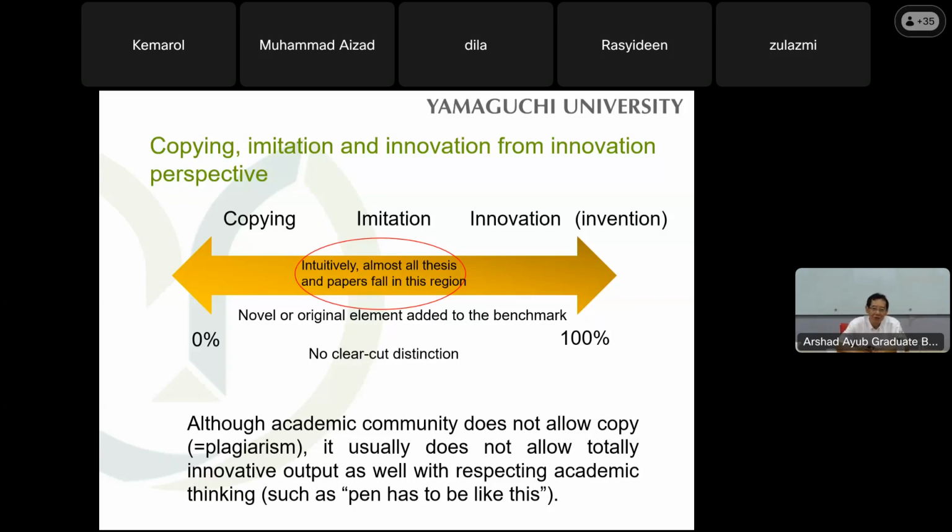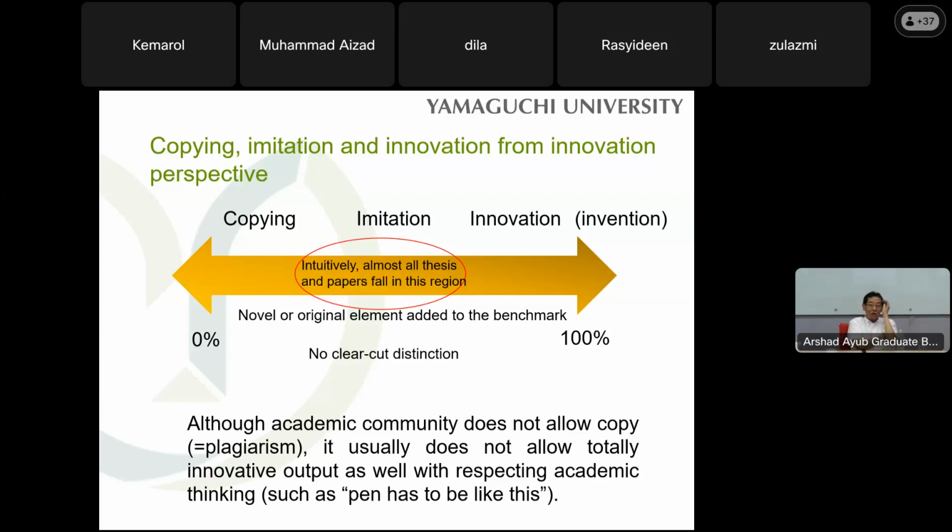And imitation should be mapped in the middle. And even innovation is not completely new. Because if you say the new pen that I introduced before can be an innovation, it's not completely different from the incumbent.